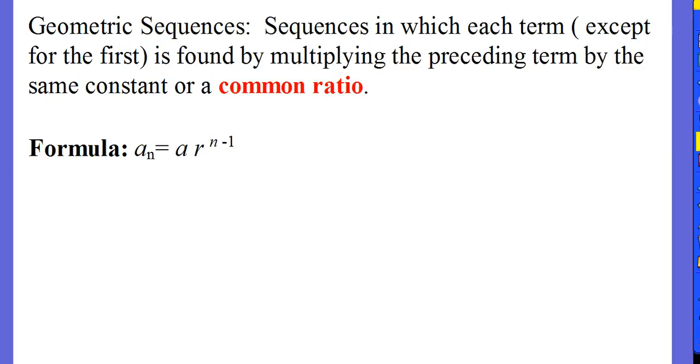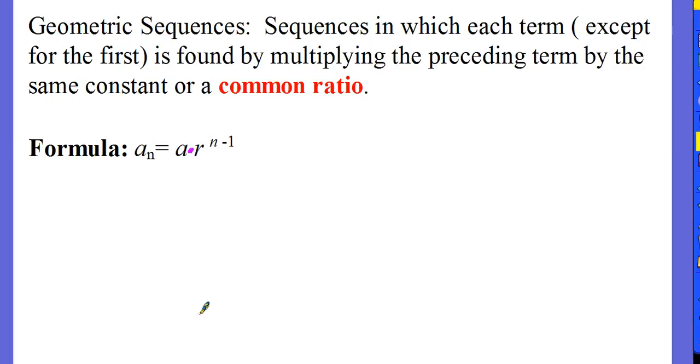And we have a formula here that says a sub n is equal to a times r raised to the n minus 1. Now this formula allows us to find any term we want in that sequence, as long as it's not so large we can't calculate it, because geometric sequences get large, exceedingly large, or exceedingly small pretty quickly.